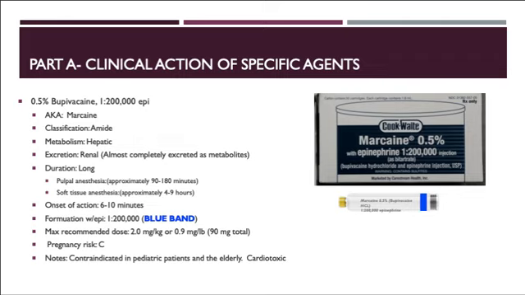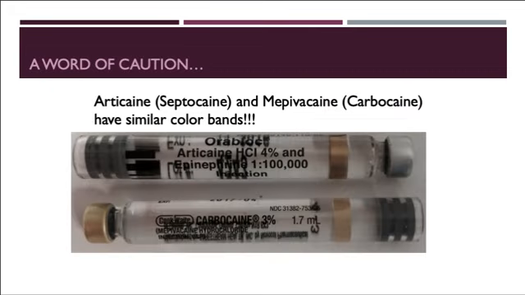If you were to talk to an anesthesiologist, they'd probably say that Marcaine really isn't that big of a deal, but for the purposes of why we use it here in dentistry and in dental school, I'm going to say that this is something that you need to have an attending's permission to use because of the cardiotoxicity.